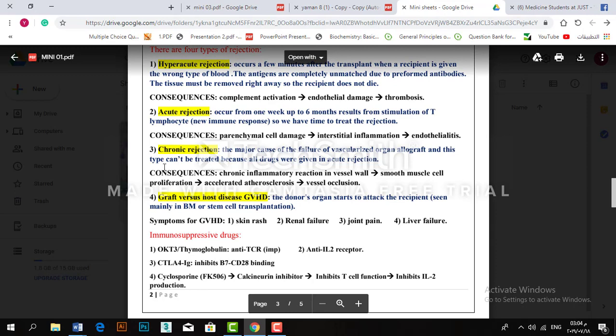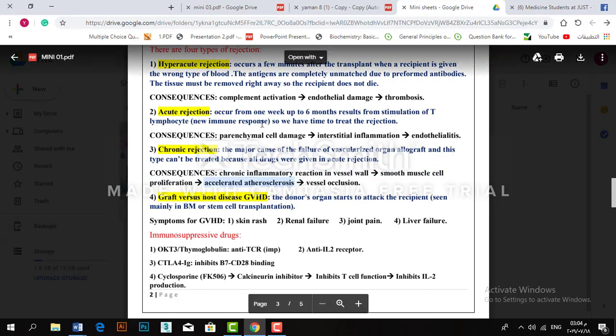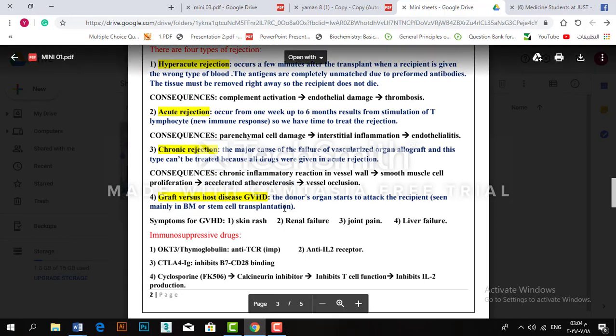What are the consequences of chronic rejection? Chronic inflammatory reaction in the vessel wall leads to smooth muscle cell proliferation and accelerated atherosclerosis. This is always asked about and is very important. When do we see accelerated atherosclerosis? In chronic rejection, then vessel occlusion.